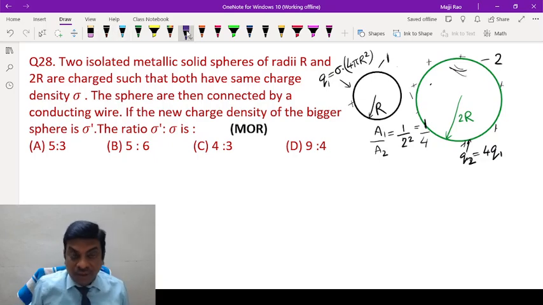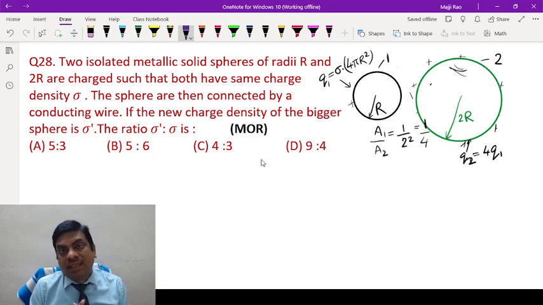Now once they are joined together, what happens? It is just like connecting them in parallel. So when two bodies are joined in parallel, the voltages across them will remain the same because they will attain the same voltage, and accordingly the charges will be in the direct ratio of their capacitance.